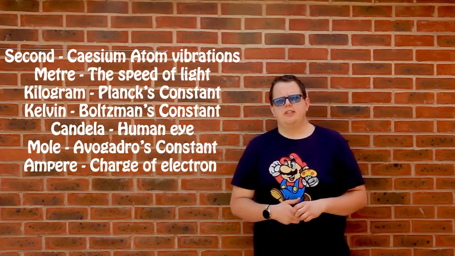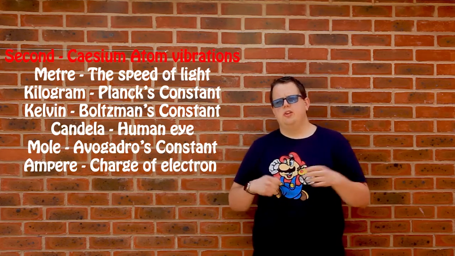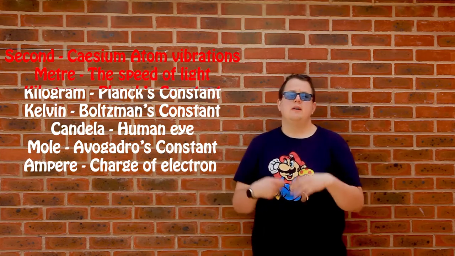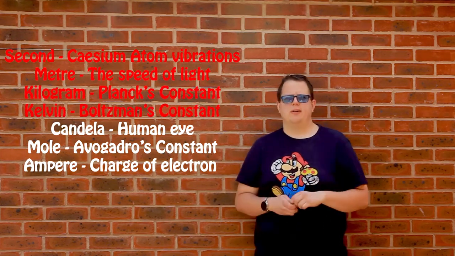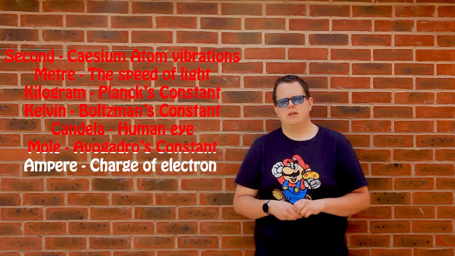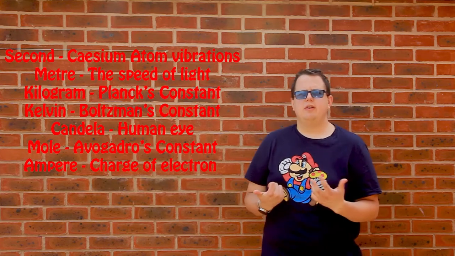So these definitions now mean that all measurements are based on the following universal constants: a cesium atom, the speed of light, Planck's constant, Boltzmann's constant, Avogadro's number, and the charge on an electron, which means they should be the same no matter where you are in the universe.